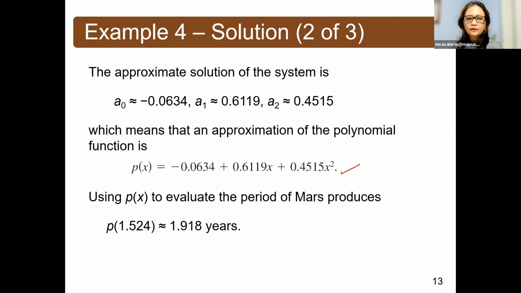Let's say we want to find the value of the function when x is 1.524; we only need to replace x by 1.524, and x² by 1.524 squared. So we'll be able to use this function to predict the period for a given value of the mean distance. That will be equivalent to 1.918 years.